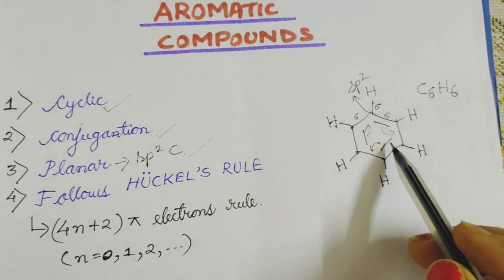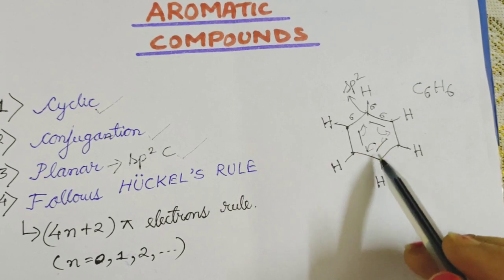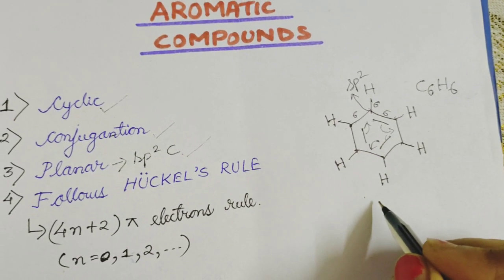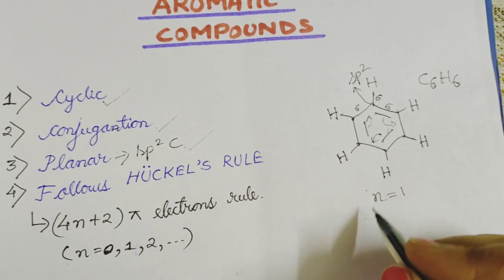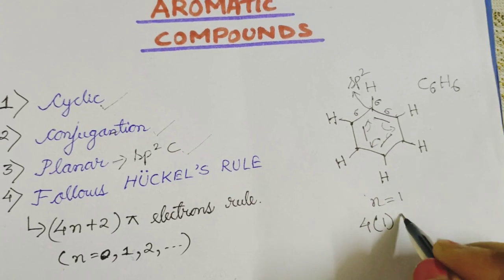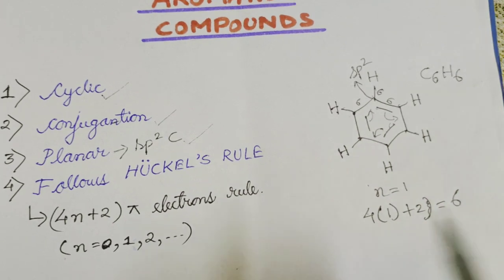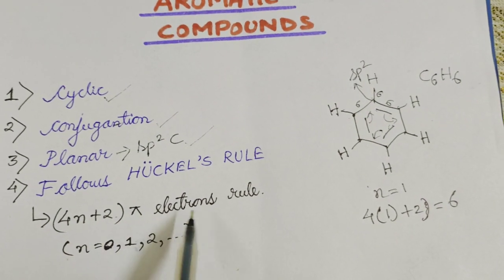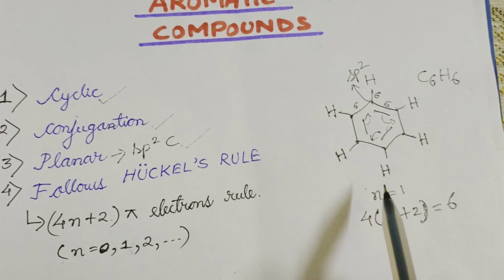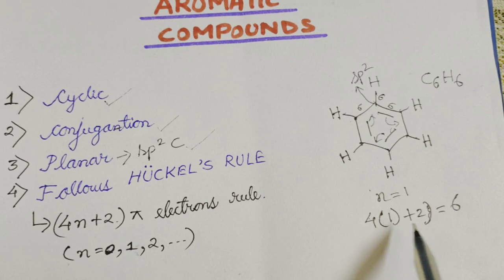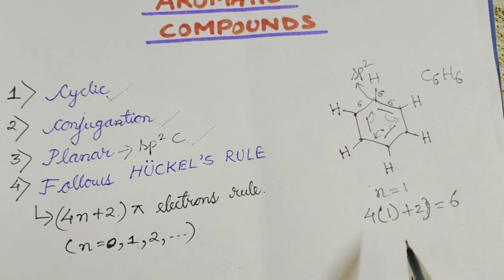See, there are basically 6 pi electrons, one bond, 2 electrons, so there are 6 pi electrons. So if I put n equals 1, then what would I get? 4 into 1 plus 2 equals what? 6. So we take n equals 1, then only we would get 6, and there are already 6 pi electrons, so it is following Huckel's rule.